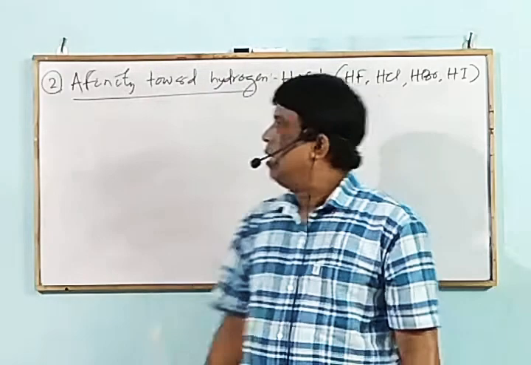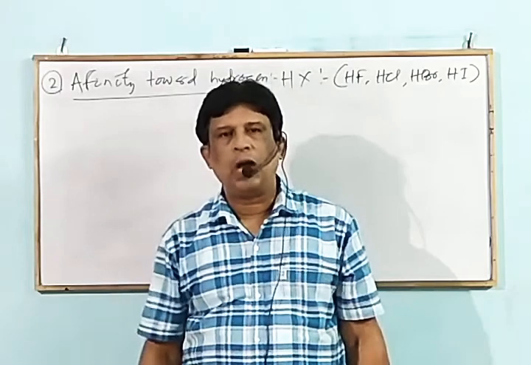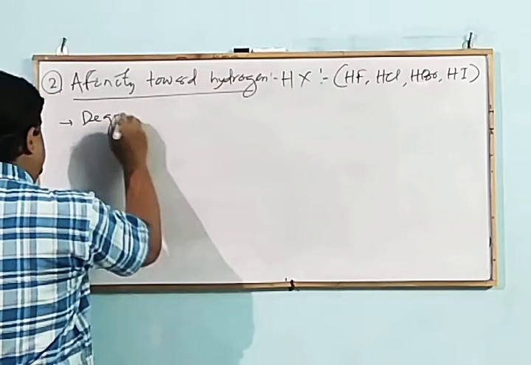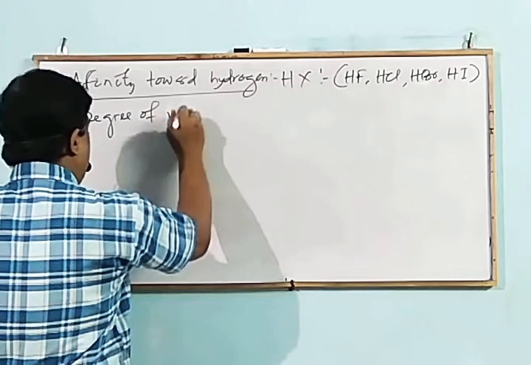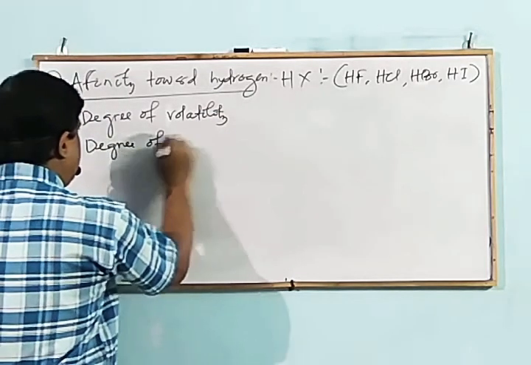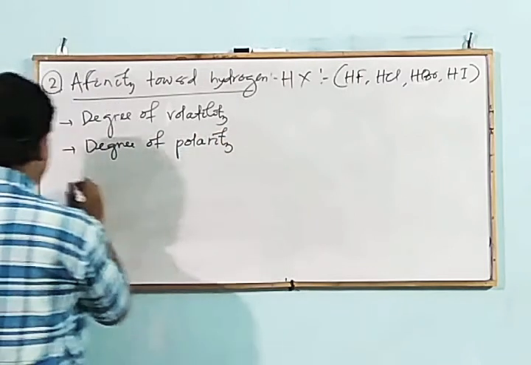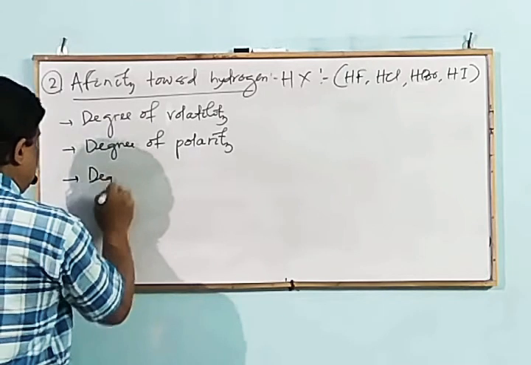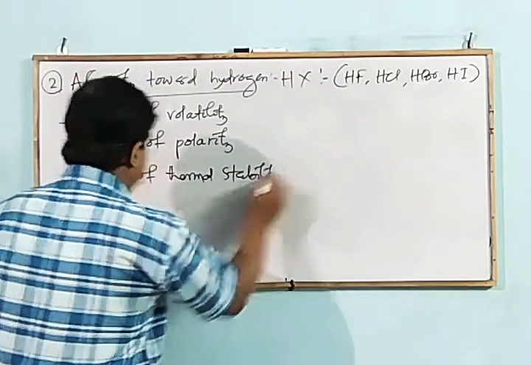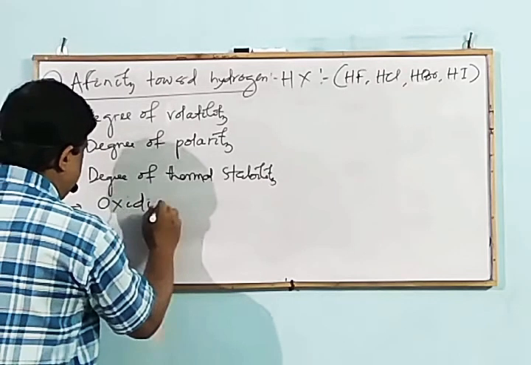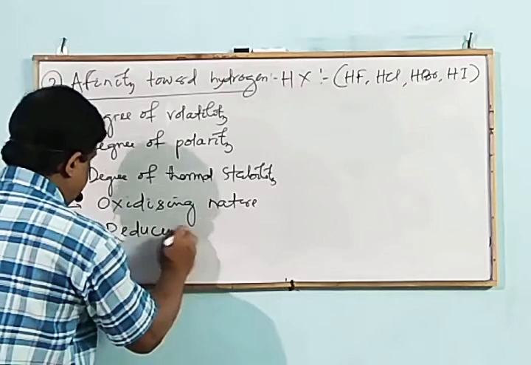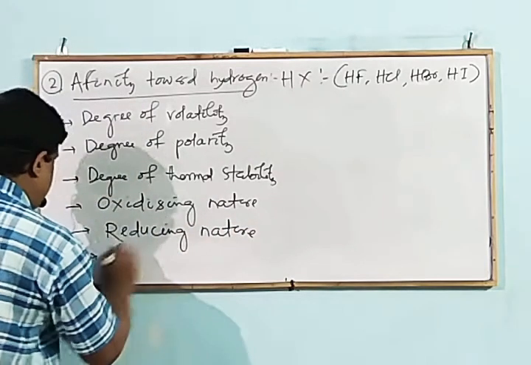So under the heading of affinity for hydrogen, that is the behavior of halo acids, let us discuss some points: degree of volatility, degree of polarity, degree of thermal stability, oxidizing nature, reducing nature, last one is acidic nature.